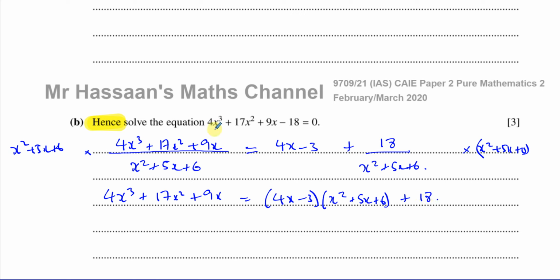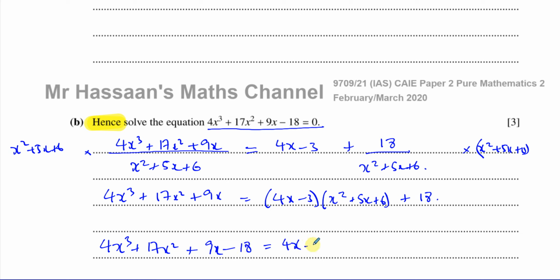Now, what we want to do is solve this equation. We can see this is like the result from our part A, and they're the same, except it has minus 18. So if I subtract 18 from both sides, I have 4x cubed plus 17x squared plus 9x minus 18. If I take away 18 from there, I have to also take away 18 from here.